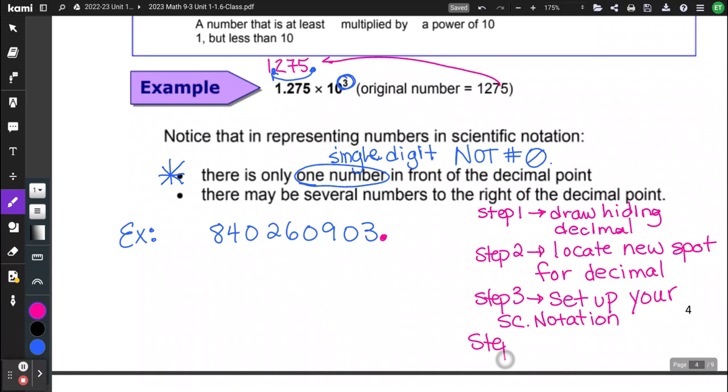Step 4: Count numbers between the two decimals.